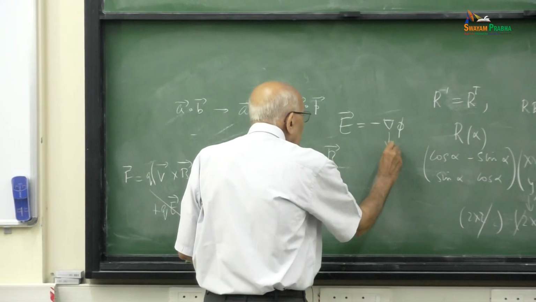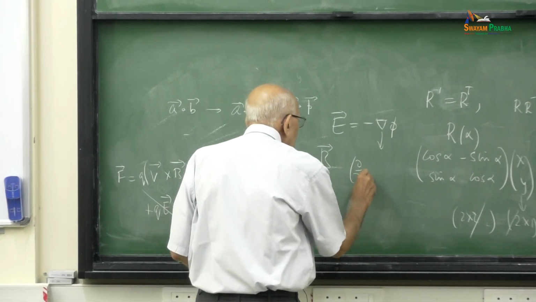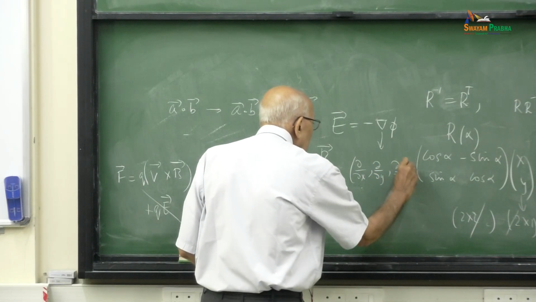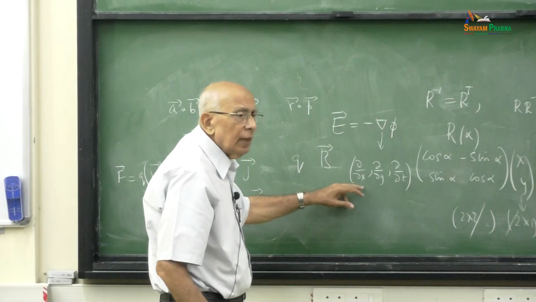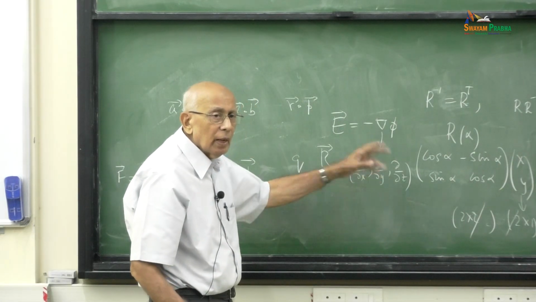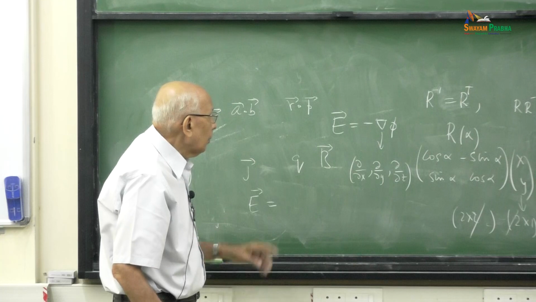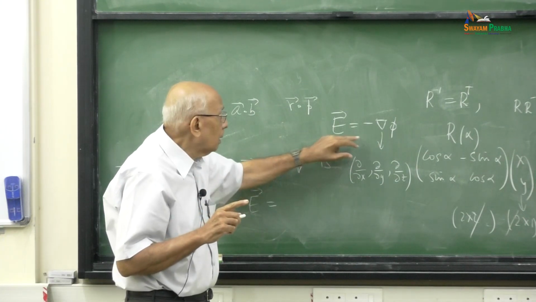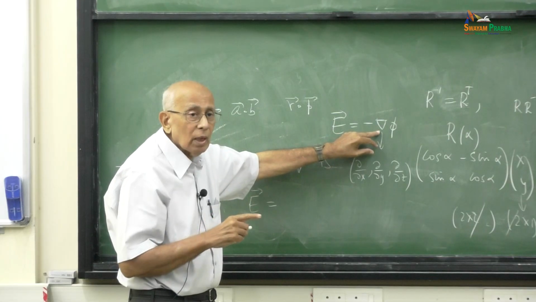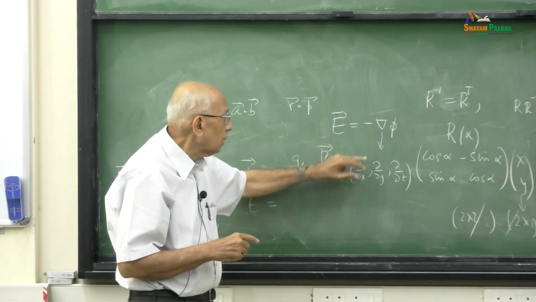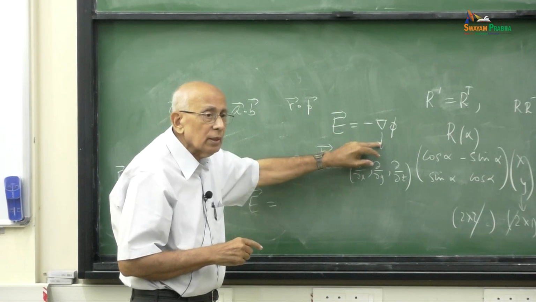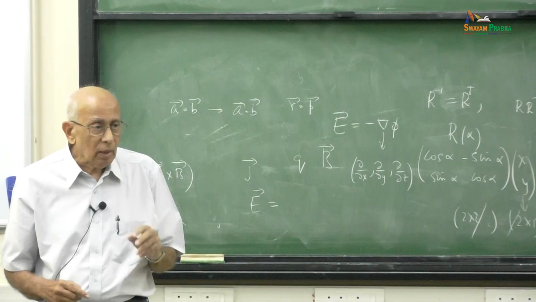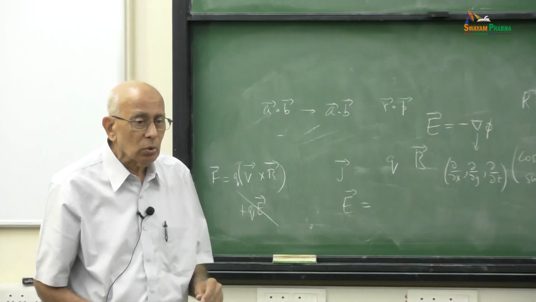This operator stands for delta over delta x, delta over delta y, delta over delta z, with components multiplied by i, j, k. Under parity, the gradient changes sign because r goes to minus r and these are derivatives. So it's consistent with E and the gradient changing sign and phi not changing sign. So the scalar potential is a real scalar. It's not a pseudo scalar.